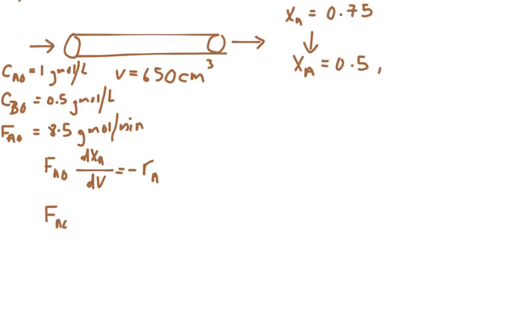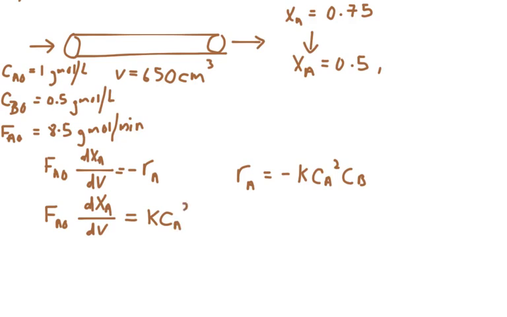Now, using the equation provided, 2A plus B to form C, you can derive that your reaction rate of A is equal to negative K Ca squared Cb. You can then put this into this equation here to form this equation as shown.